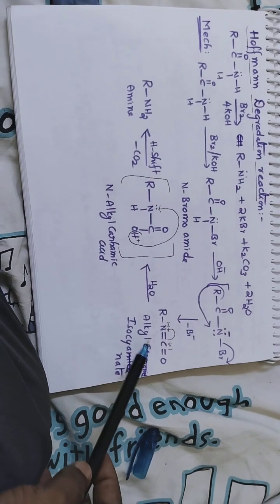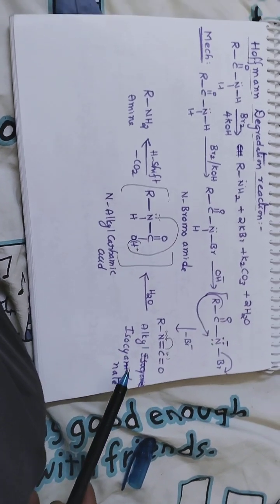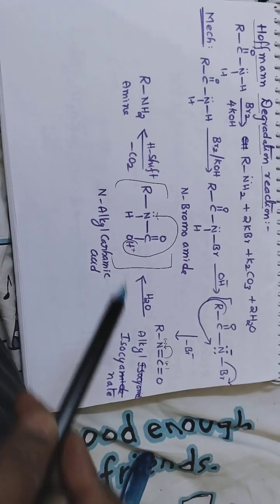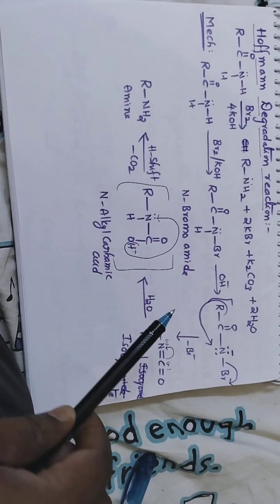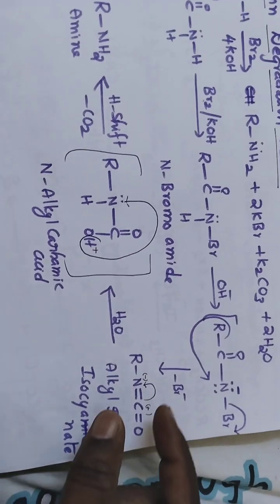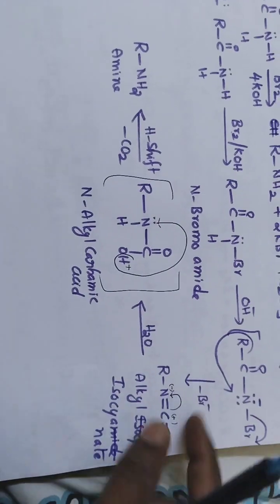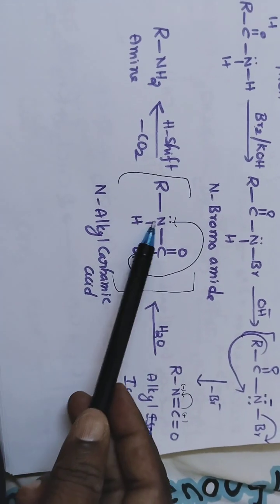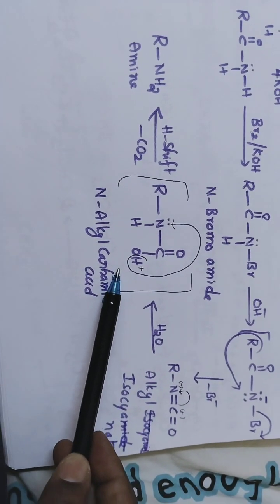So it is called alkyl isocyanate. If you do hydrolysis, here will be minus, here will be plus. So H plus will be added here, OH minus will be added here.